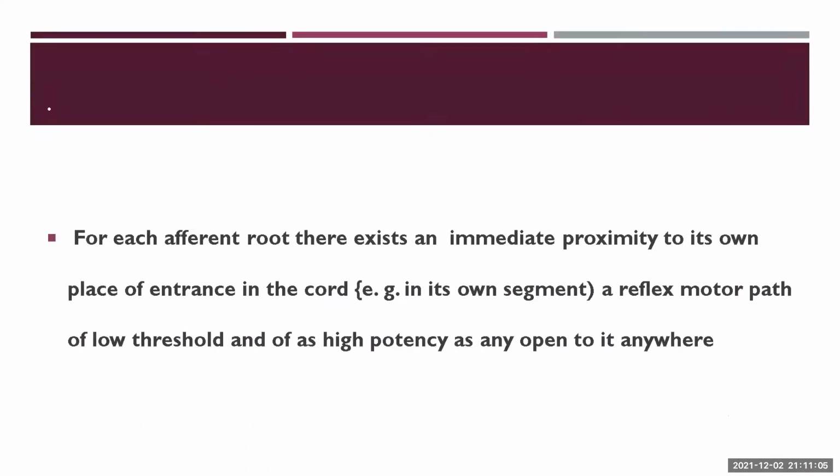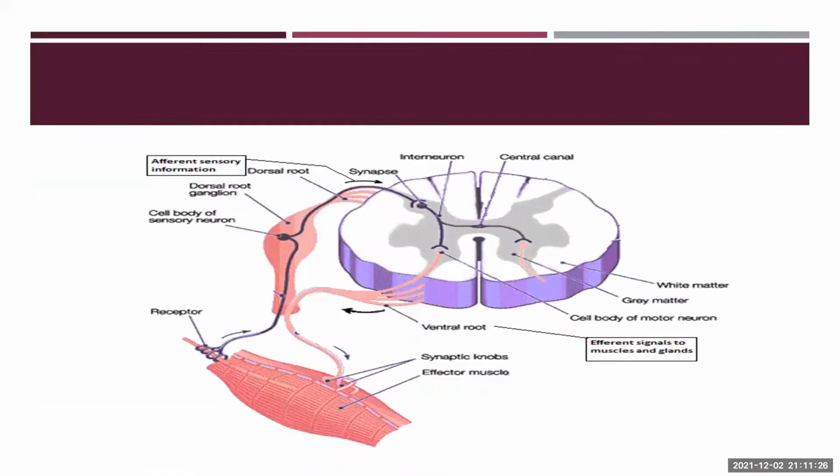Now the second rule is, for each afferent root, there exists in immediate proximity to its own place of entrance in the cord a reflex motor path of low threshold and of as high potency as any open to it anywhere. In the figure, as you all know, there is an afferent root and also an efferent root.